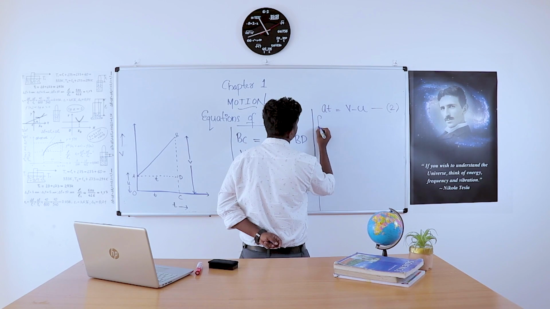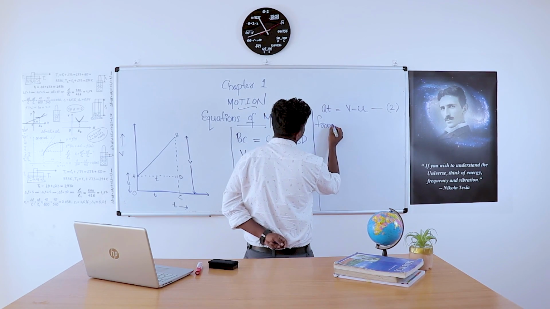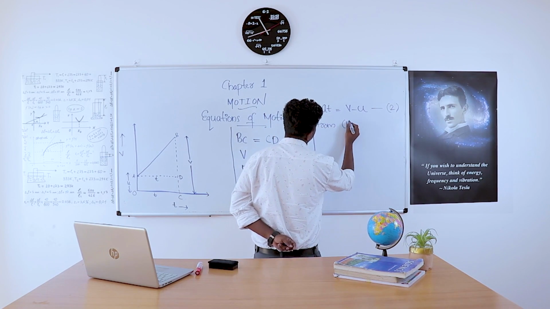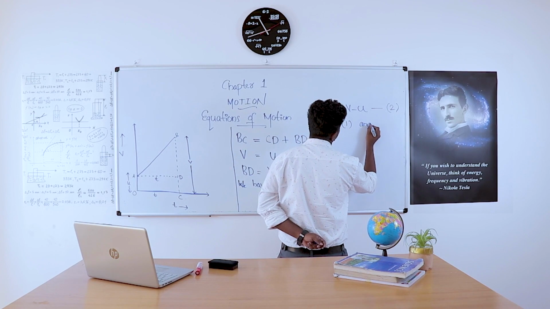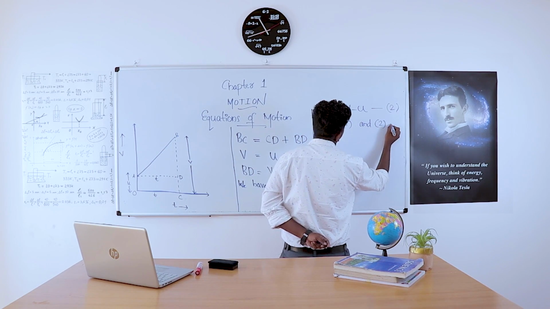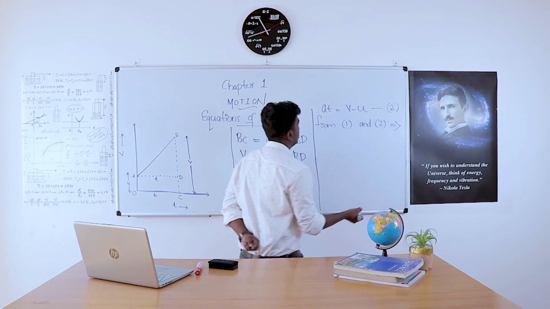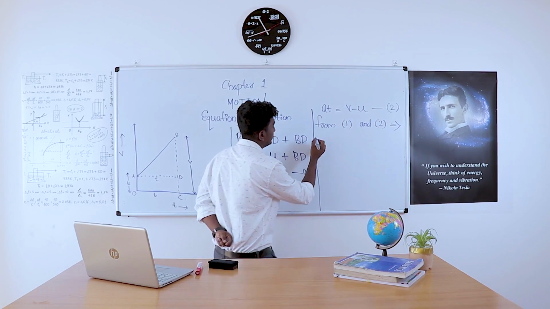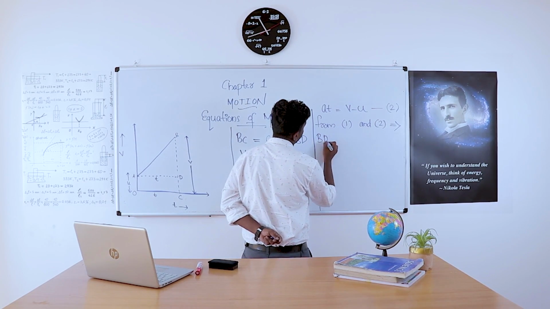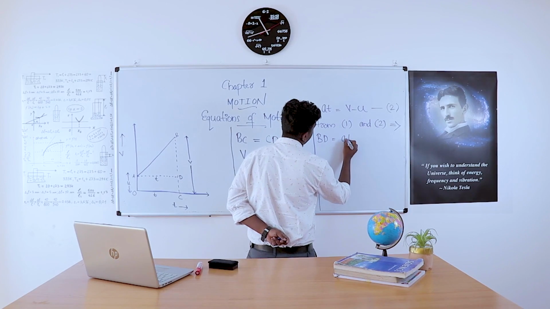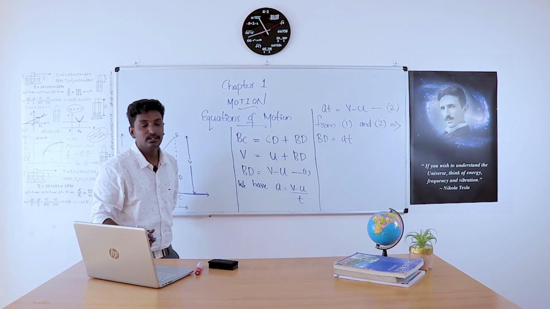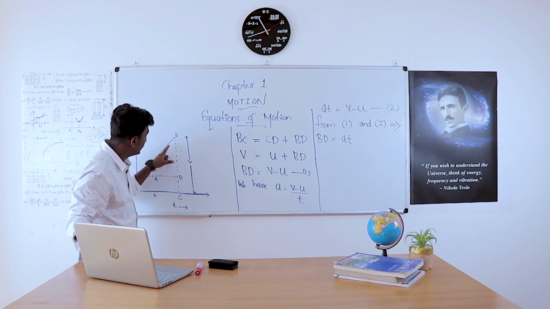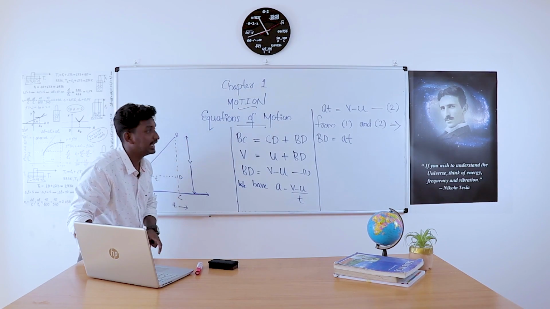Therefore, from equation 1 and equation 2, we get BD is equal to AT. Simply, we got the value as AT. That means BD is the same as AT.